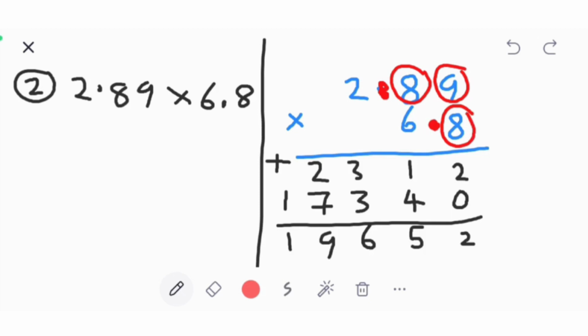Altogether, I circled 3 digits. So go to the answer, starting from the right, count 3 digits. 1, 2, 3. Then you write the decimal point. So the answer is 19.652. It's as easy as that.